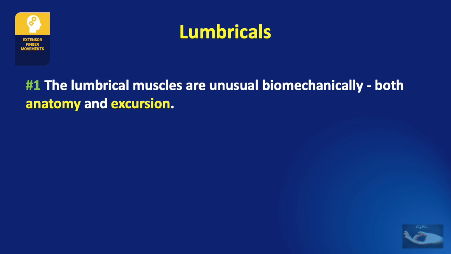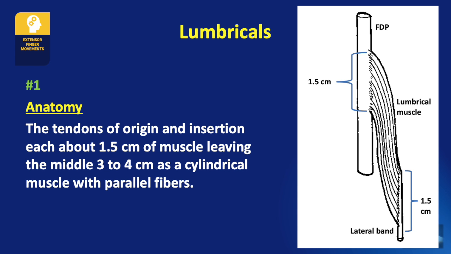The lumbrical muscles have unusual biomechanical features, and the first involves the anatomy and the excursion of the muscle. As you may be aware, the lumbrical originates from the flexor digitorum profundus tendon and is inserted into the lateral band on the dorsal extensor apparatus. This origin and insertion takes up about 1.5 centimeters of the muscle, leaving behind the middle 3 to 4 centimeters as a cylindrical muscle with parallel fibers.